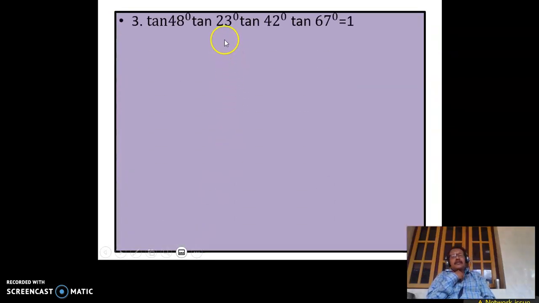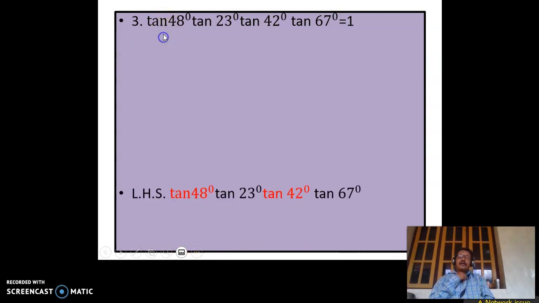Now, tan 48, tan 23, tan 42, tan 67. Which angles are complementary? 48 and 42 make 90, and 23 and 67 make 90. So we have to convert one of these in terms of cot.